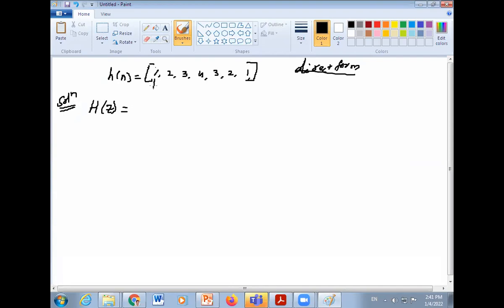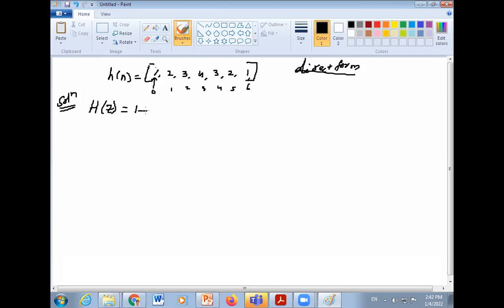This is the impulse at what location? This is 0, 1, 2, 3, 4, 5, 6. So what will we get?